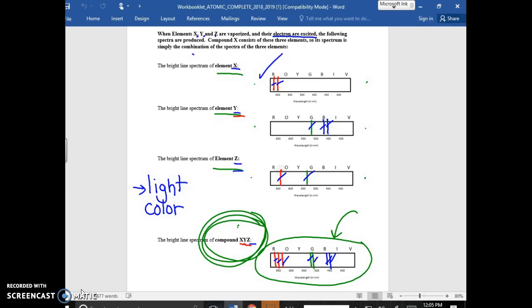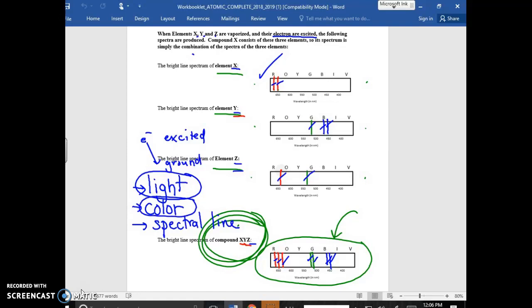That is also asking how a spectral line might be produced. No matter if I talk about light or color or a specific spectral line, this all is rooted to an electron transition. When an electron makes a transition from an excited state to a ground state, energy will be released as light. That light will have a specific color.